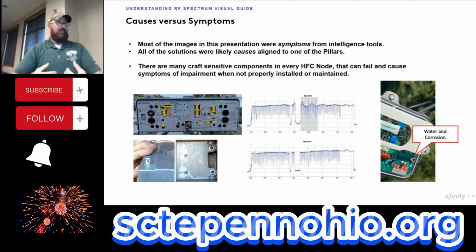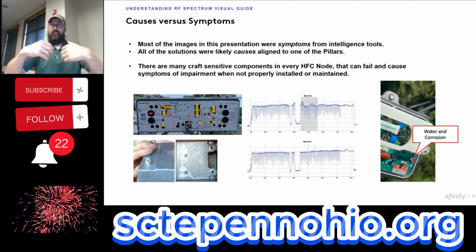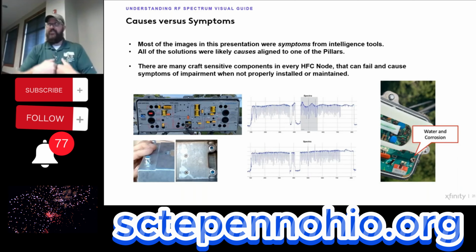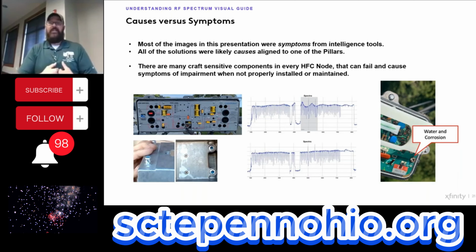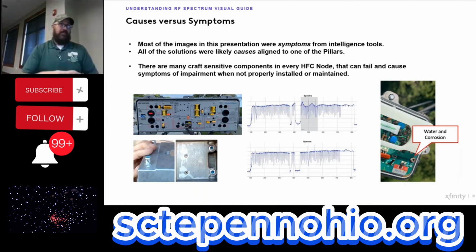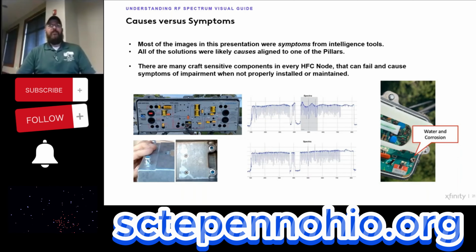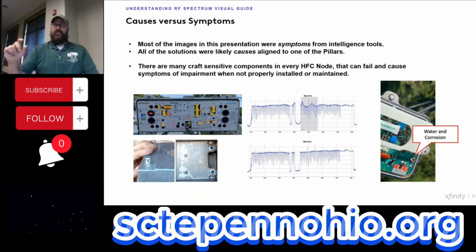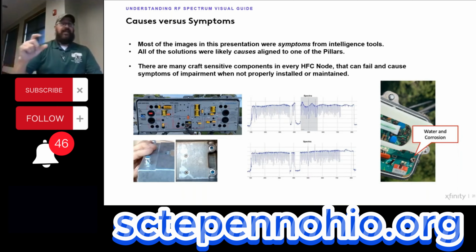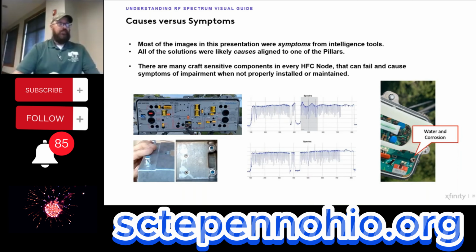So what happens? The energy overcomes the shielding integrity and it gets into the system. Now, in a lot of cases, the signal inside the system gets out, and that can be measured as leakage or egress. But the important thing to know is that the cause is actually a shielding integrity breach.